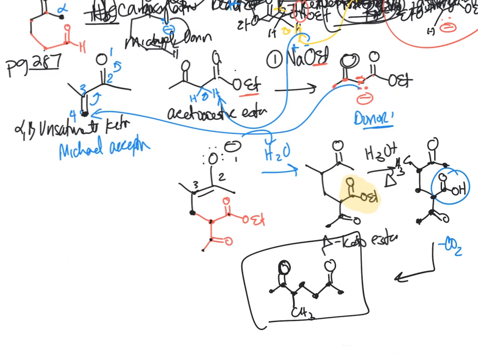All right, now you have your additional problems. Remember to draw these out. On 13 make sure you label your alpha and your beta and you draw your line, and then you can draw your synthons and your starting material. Number 14, you need to draw out the reaction mechanisms, okay?